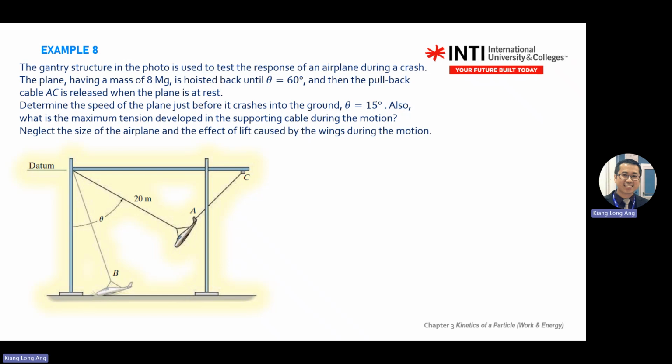So you have force, you have velocity, you have a curved motion. Ignore the size of the airplane. The effect of lift caused by the wing, you can ignore. So you look at this question, this is how you know it's a chapter 3 question.